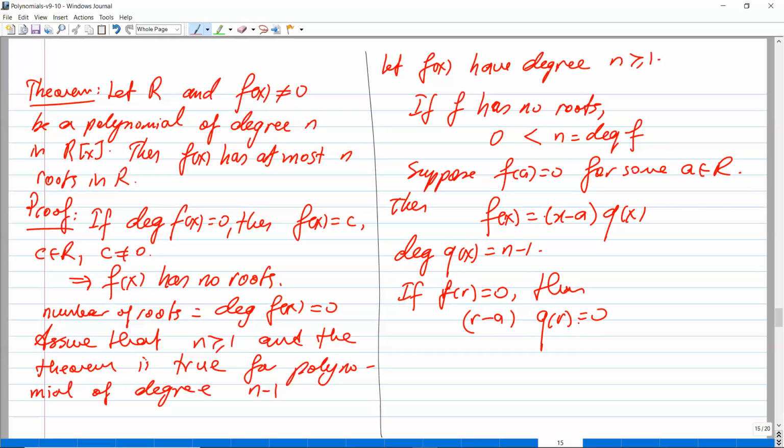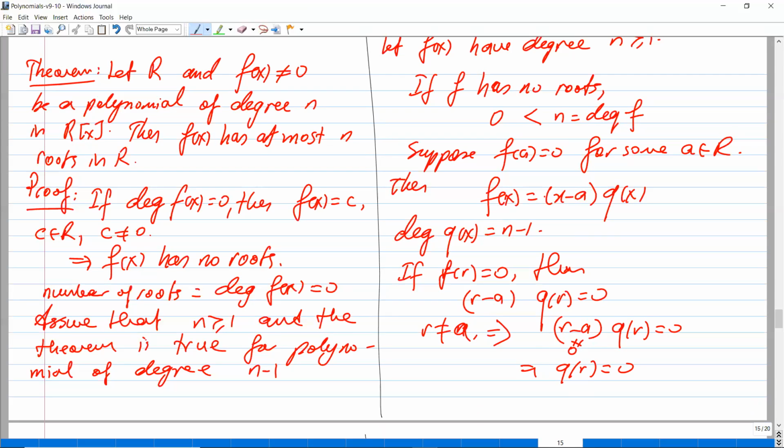If r is not equal to a, then r minus a is not 0. So since we are in an integral domain, we have that q of r is equal to 0. So all roots of f of x are either a or roots of q of x.